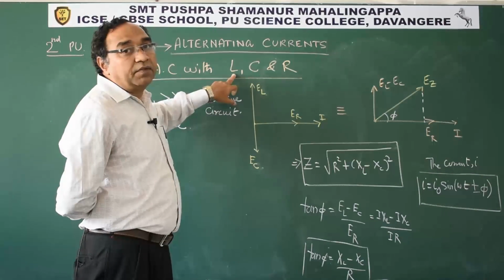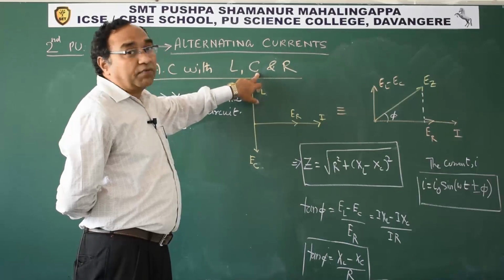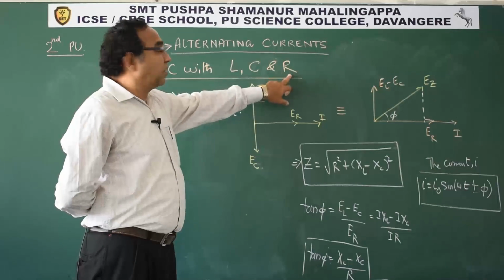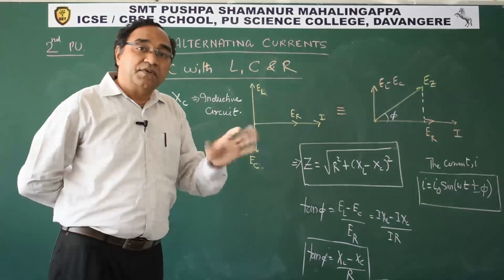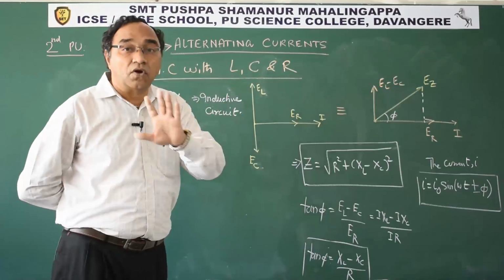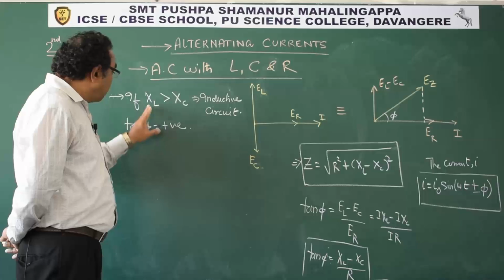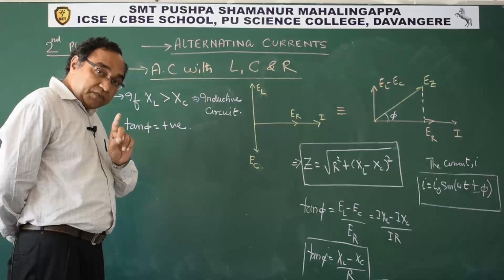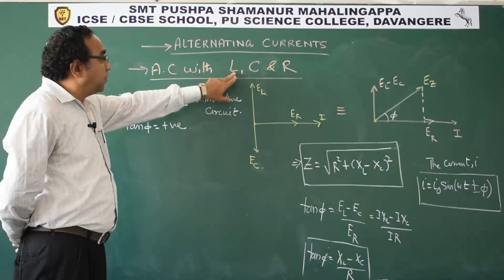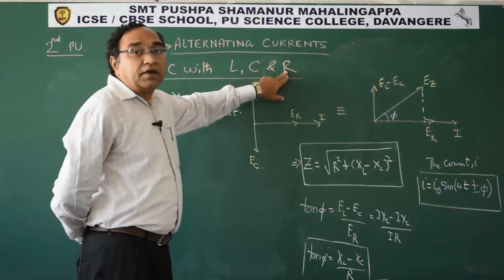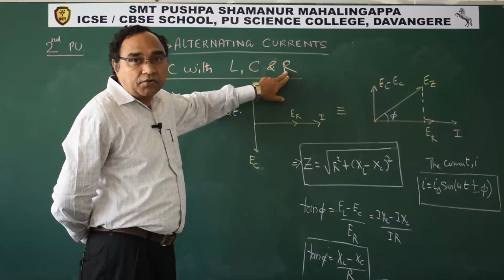L will be given as 10 millihenry, C is given as 5 microfarad, R is given as 100 ohms. It doesn't mean that 100 is greater than all those things, so you will say it is resistive. Wrong. That is not the way to compare. We have to compare similar properties. What is the property which is similar to all three? Resistance property is similar to all of them.